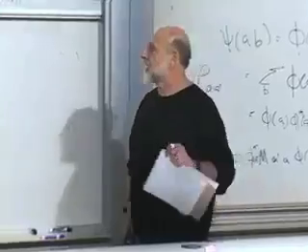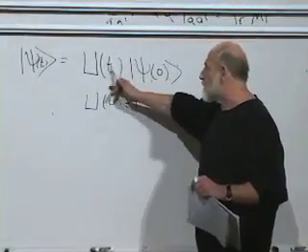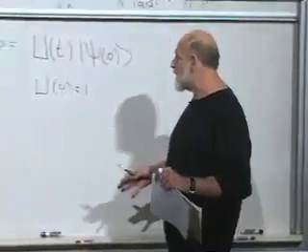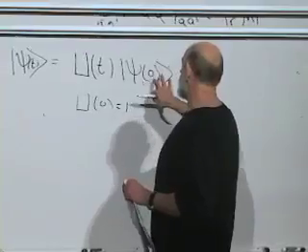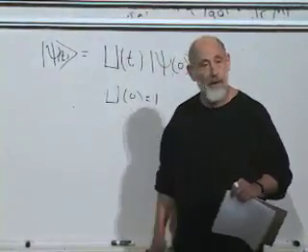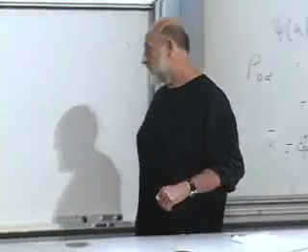But let's just take it as an assumption that there exists a linear operator which is dependent on time. It's not just a fixed linear operator. It evolves with time, and whatever the state is at time 0, you hit it with u of t to find out what it's doing at a later time. That's the first principle of time evolution.